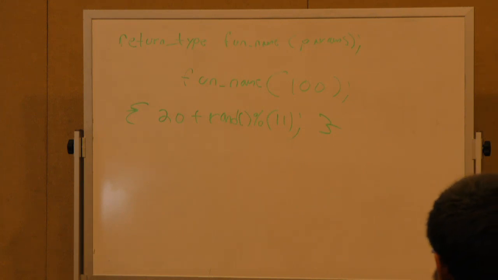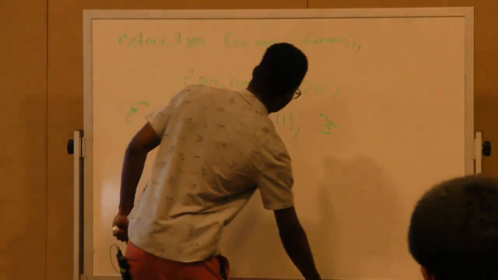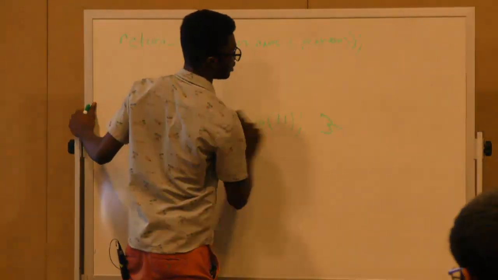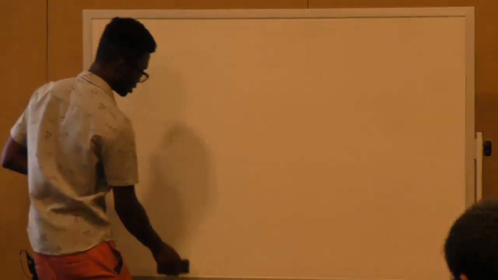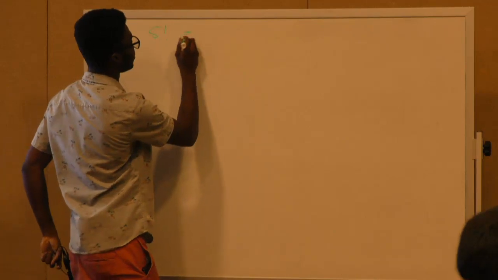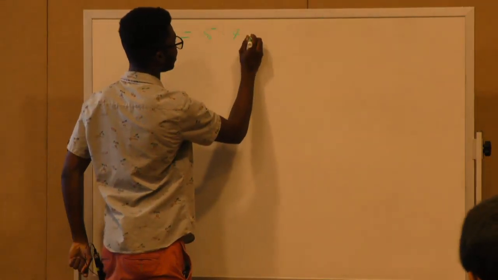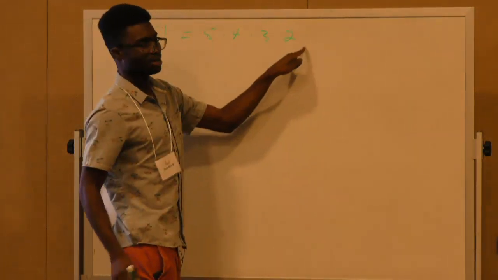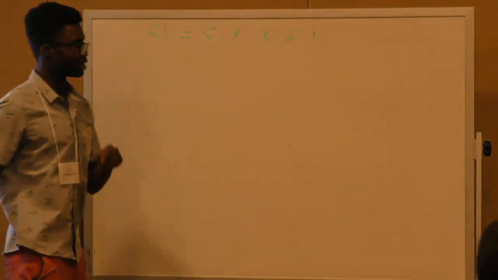Another way to think about it, how I thought about factorial using recursion, is in 2 parts. So first, I saw that 5 factorial is equal to 5 times 4 times 3 times 2. Technically, you can stop at 2, but I'll put the 1 as well.